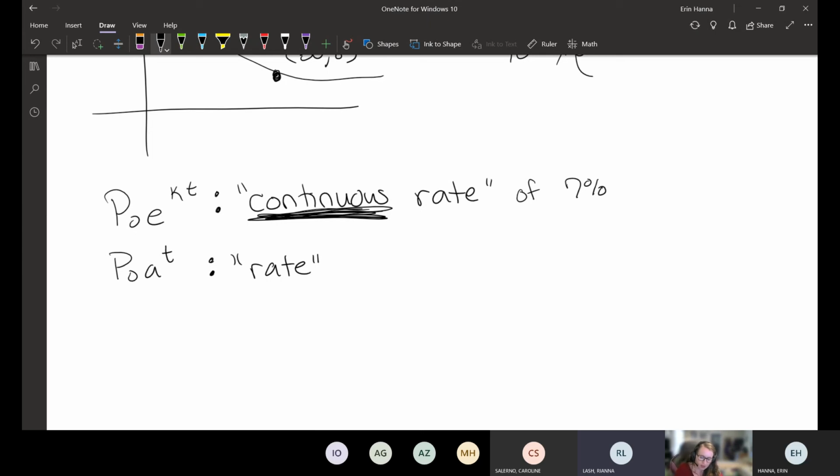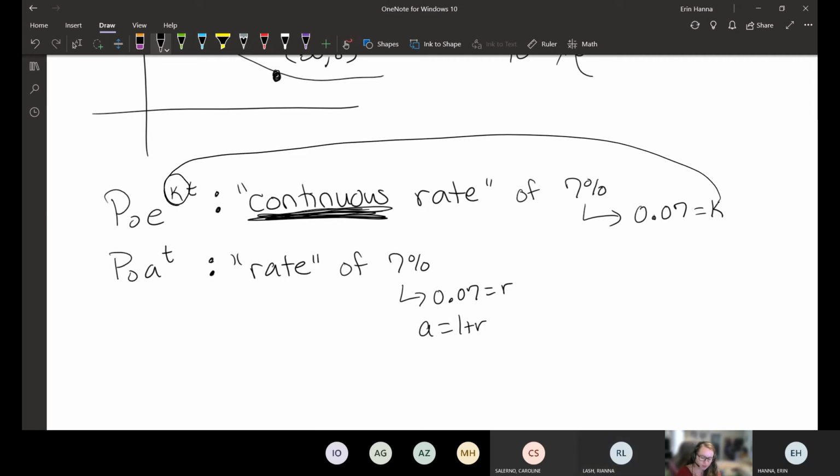So let me do this. Going to the a to the t form really quick, if I say a rate of 7%, you're going to tell me that r is 0.07. But we don't have r in the equation, we have a, and a is given to be 1 plus r. So that's where that comes from. When we have the continuous rate, we change this over to a decimal like we did before, and this becomes the k value.